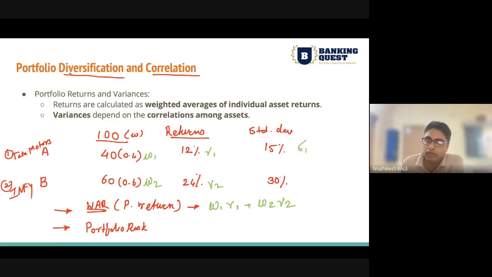This is sigma 1, this is sigma 2, and you have correlation also. Correlation, in the last lecture I have taught you what correlation is. Correlation is assumed to be 0.8.